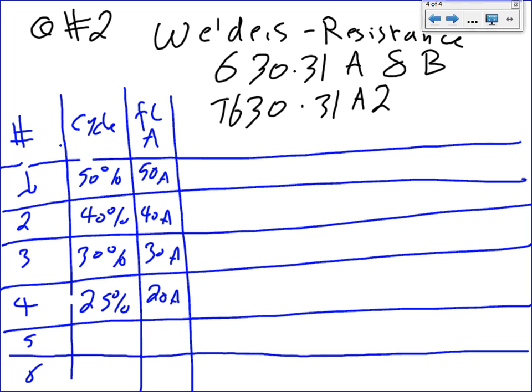Number 5, guys, is 20% cycle, and I'm really picking these out of the hat here, 20 amp. And the last one is 5% cycle, and I have a 5 amp. Okay, so these are all nameplates.